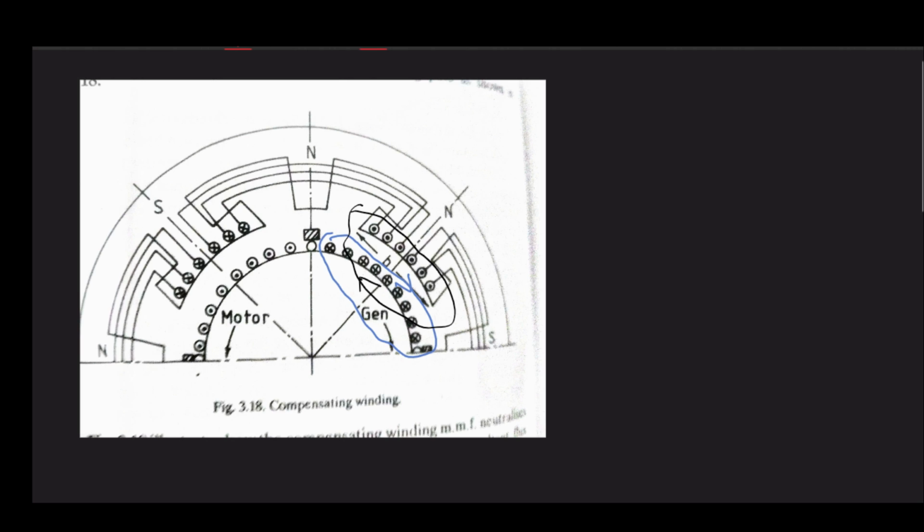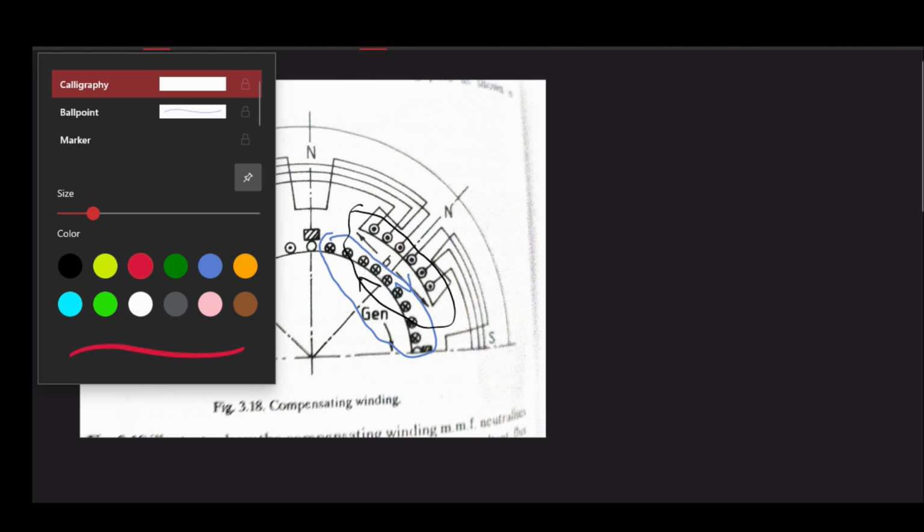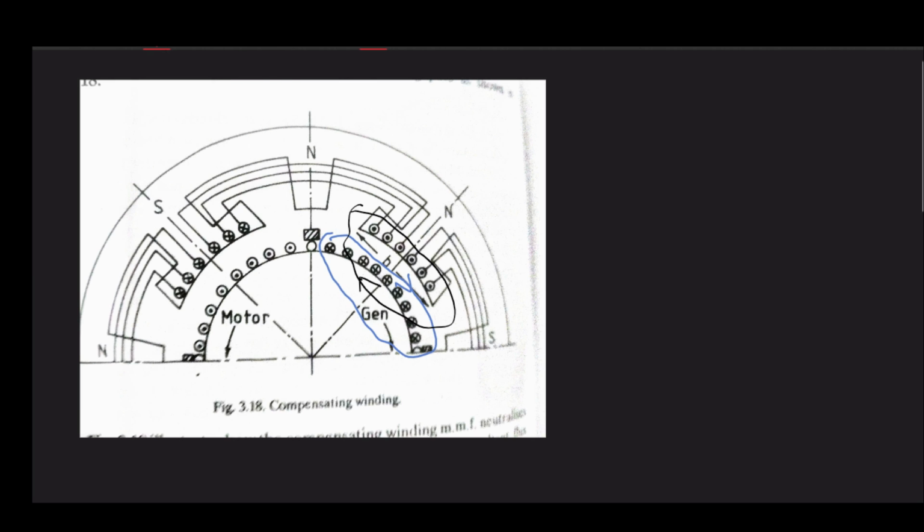So what you will have here is only your pole flux that is working in this direction present in your machine. Earlier, when your compensating winding was not there, this black curve was not there.